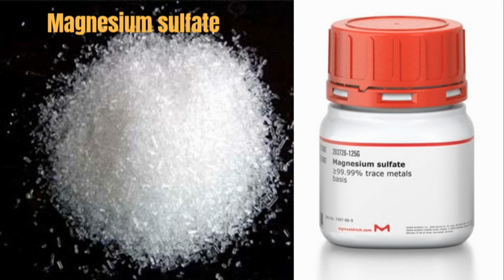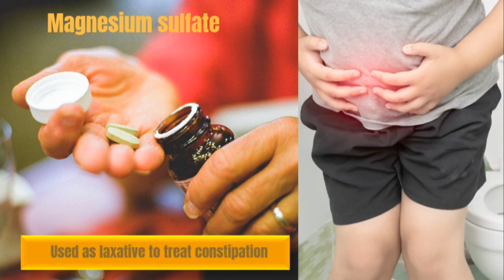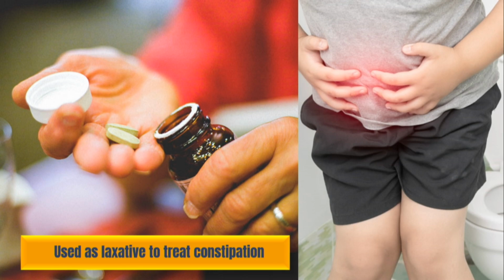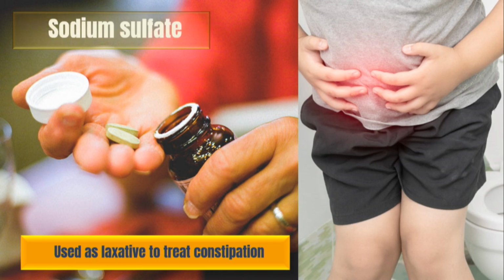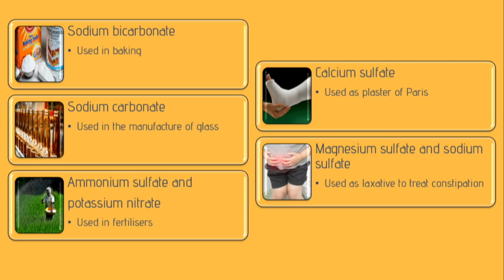Magnesium sulfate is used as a laxative to treat constipation. Another salt that is also used in laxatives is sodium sulfate. Here is a summary of some uses of various salts.